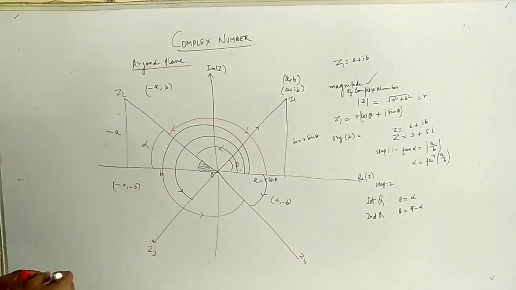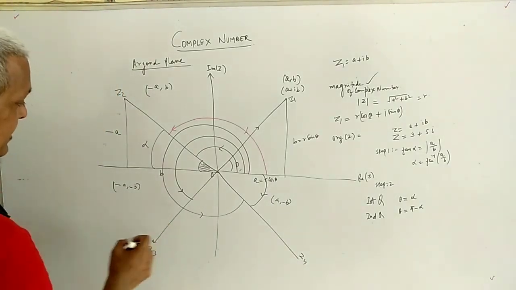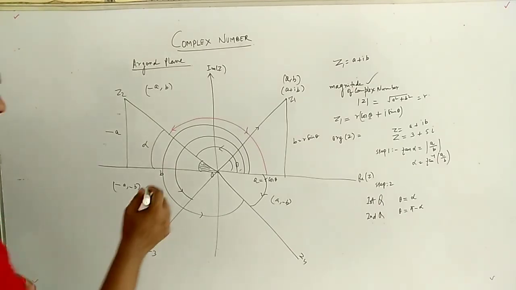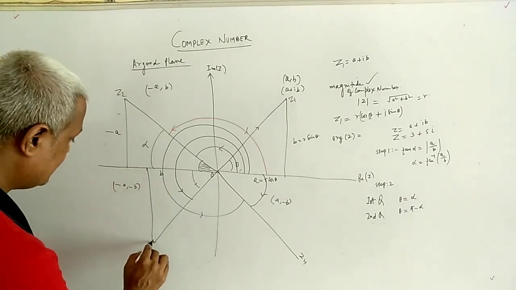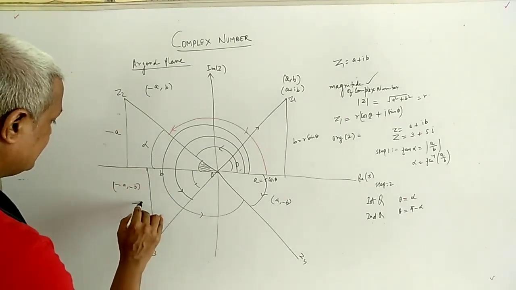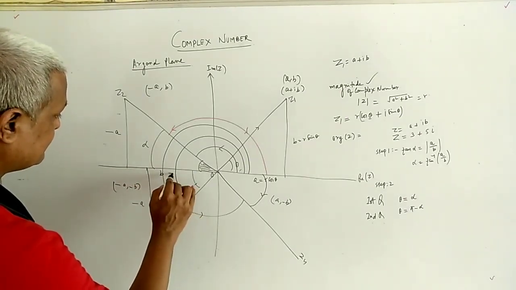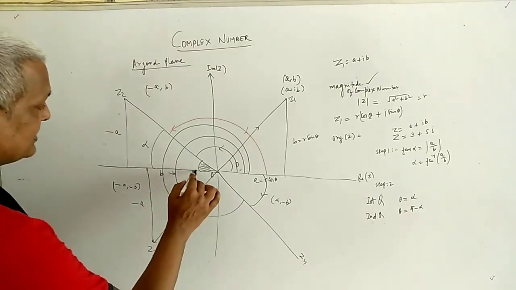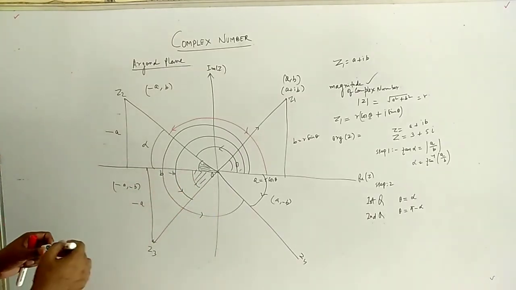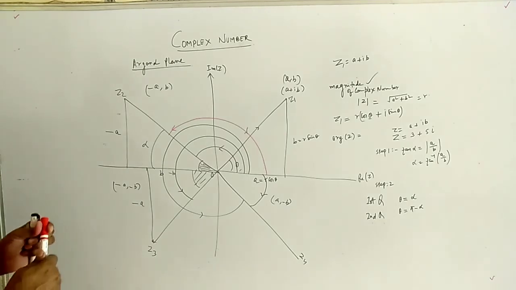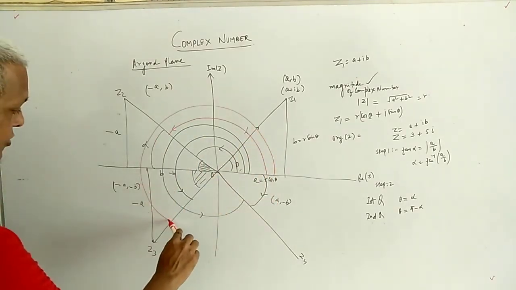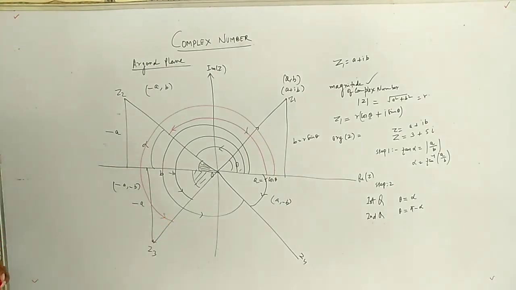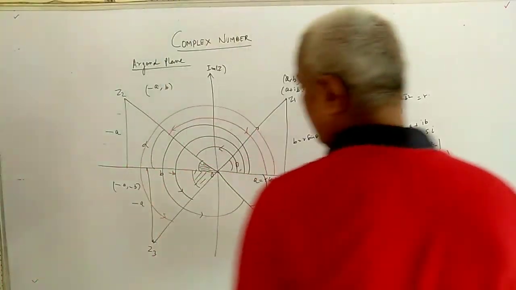Now when the number comes in the third quadrant, your alpha is only this much, because comparing minus a and minus b, both in mod values, you get this value as alpha, but your argument actually is this, from here to here. That's why you can call it pi plus alpha.